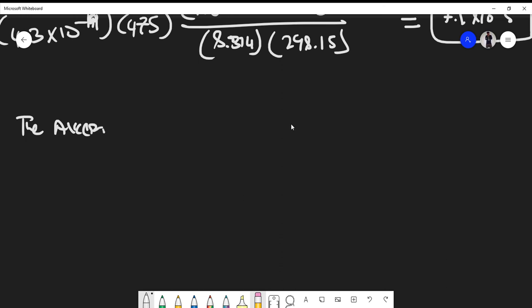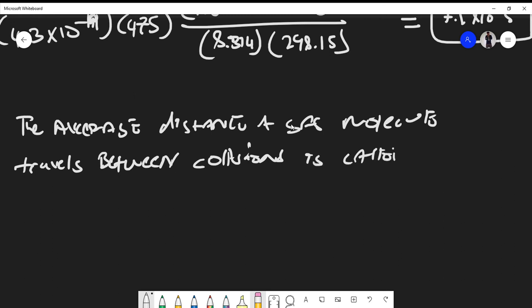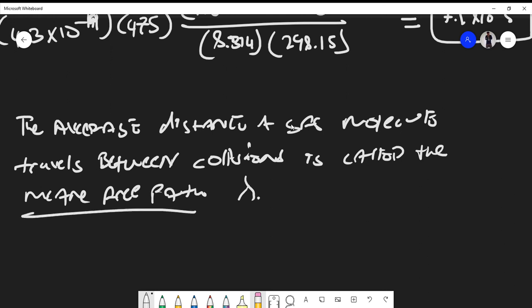The average distance a gas molecule travels between collisions is called the mean free path, and we denote that with the symbol lambda.